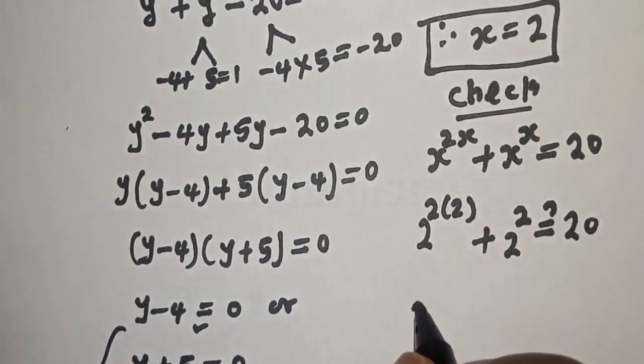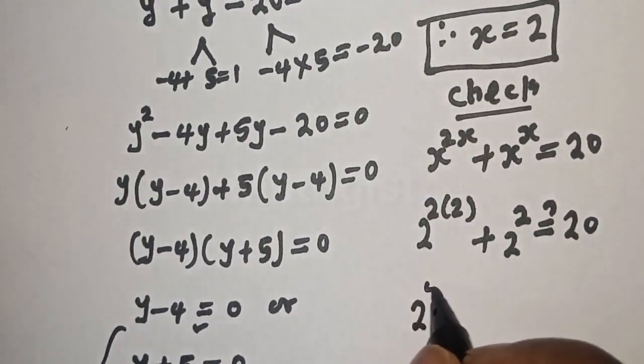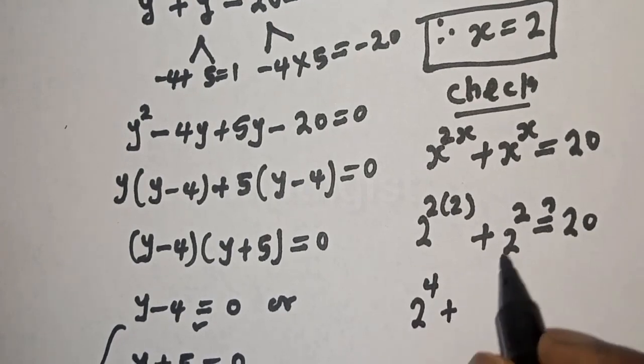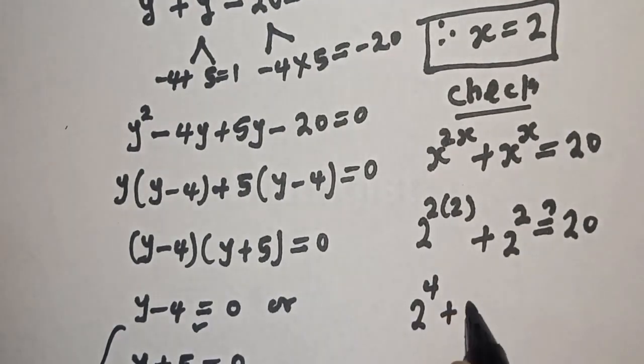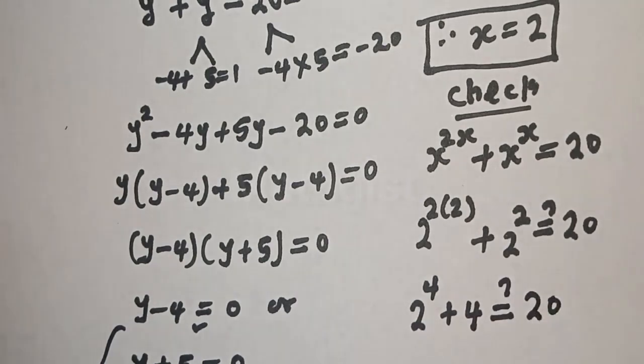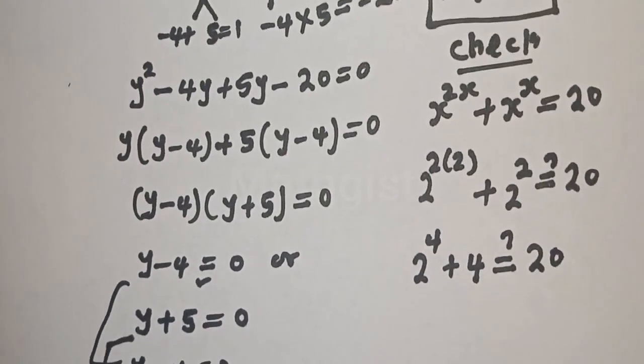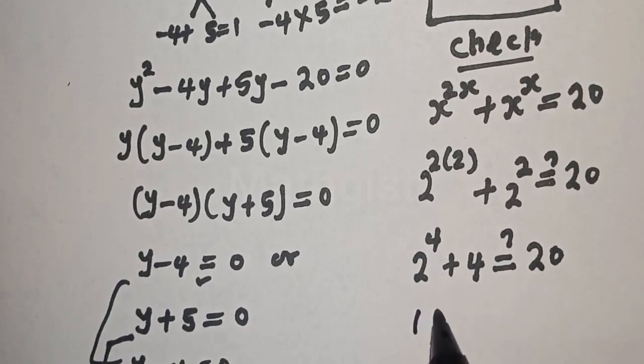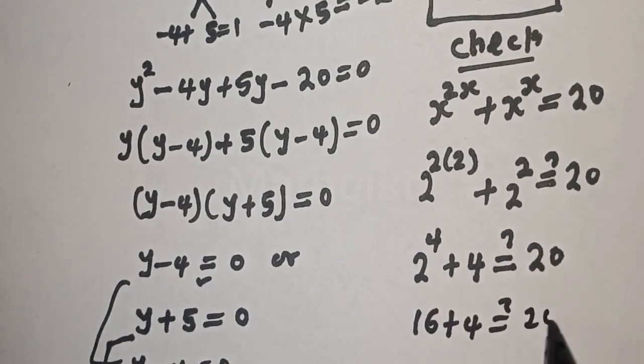This is 2 raised to power 2 times 2, 4, plus 2 raised to power 2 is 4, must be equal to 20. Then 2 raised to power 4 is 16, plus 4 must be equal to 20.